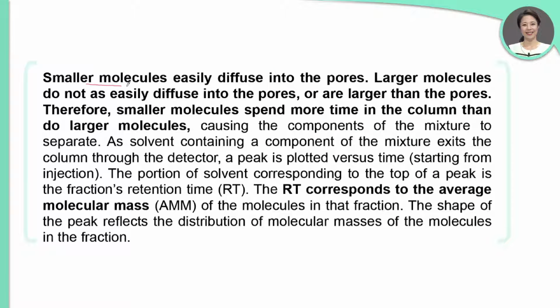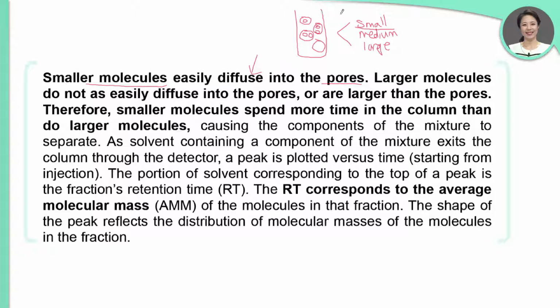So here it says smaller molecules easily diffuse into the pores. What it means is that you have a column and beads are there. You will see pores in the beads. Let's say the solution contains small, medium, and large molecules.